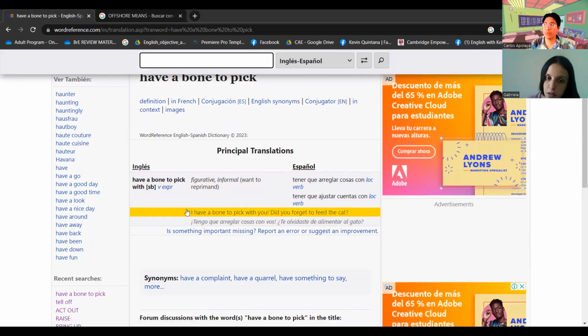Por ejemplo, tú discutes con tu esposo y luego tu esposo te dice, please, I don't wanna yell at you, no te quiero gritar, but I want to have a bone to pick with you later. ¿Te diste cuenta? Quiero arreglar las cosas después. To have a bone to pick with somebody.